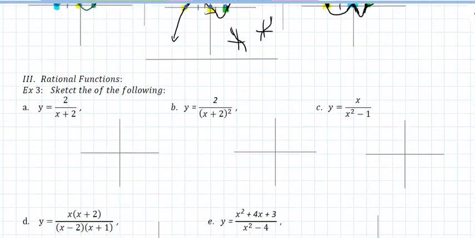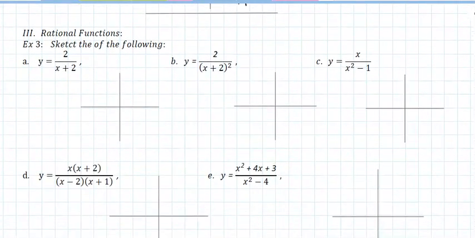The last type of problems that we look at are rational functions. And rational functions have really 4 main characteristics. The vertical asymptote, in this case, where does the denominator equal 0? That's, actually, let's shrink that, 1, 2. So that's a line that you get very close to but never reach.